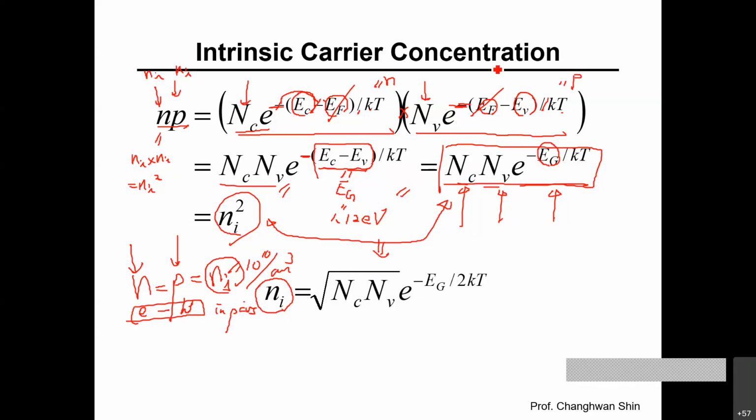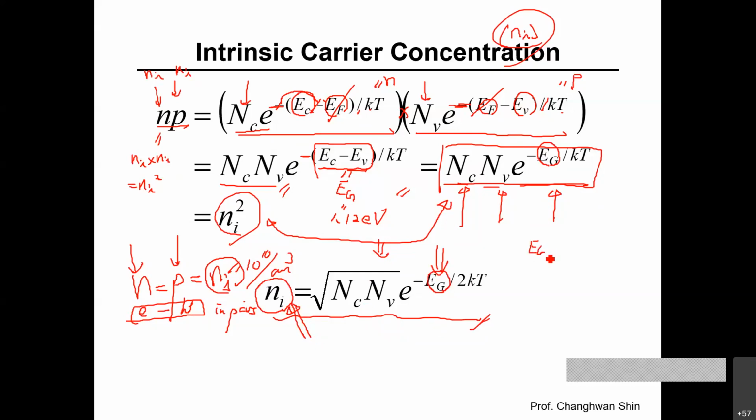So from this, we can estimate the intrinsic carrier concentration. The title here, intrinsic carrier concentration, N sub I is this. N sub I is the square root of N sub C times N sub V, exponential minus Eg over 2kT. So here the meaning is, depending on the bandgap energy, the intrinsic carrier concentration can be determined.